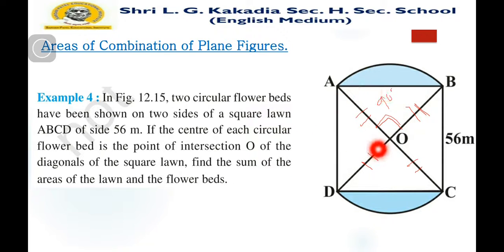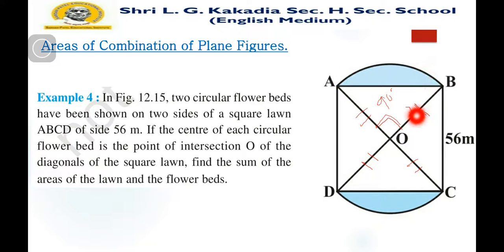We are going to find the total area of the flower beds and the separate area of each circular flower bed. For that, first you can see that it is a sector.